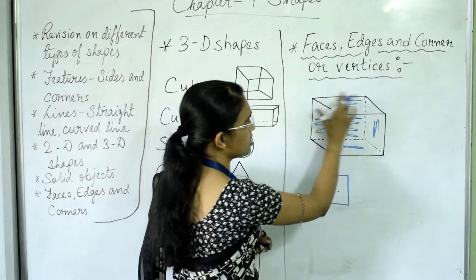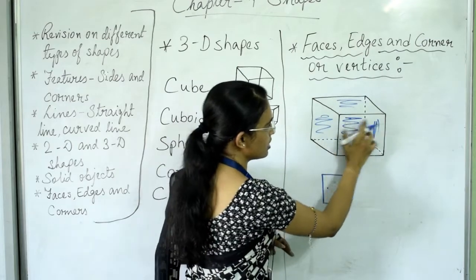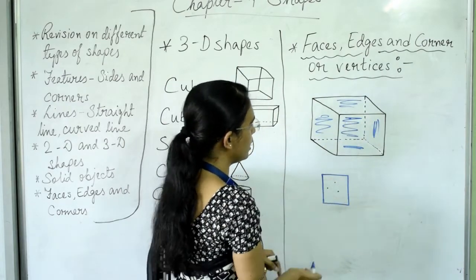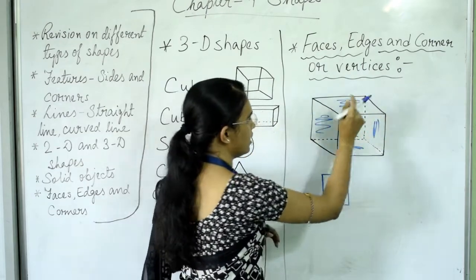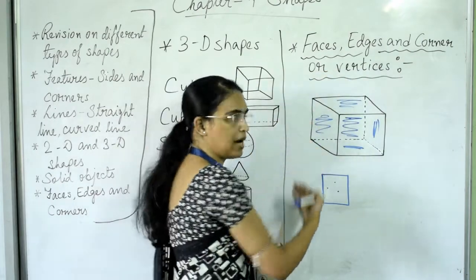Suppose this is an ice cube. We can see the front face, this front part. Then we can see the side part also. Then we can see the top view also, and then we can see the back view also.